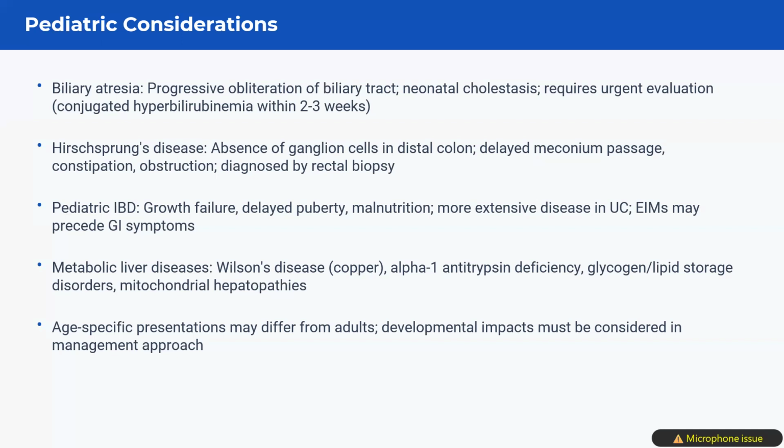And finally, there's also pediatric inflammatory bowel disease. This shows itself as growth failure, delayed puberty, and malnutrition, and it often will precede GI symptoms. Disease is typically more extensive in pediatric ulcerative colitis and more aggressive in Crohn's disease.